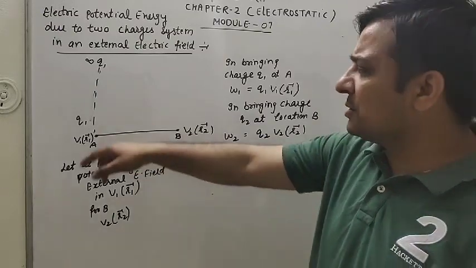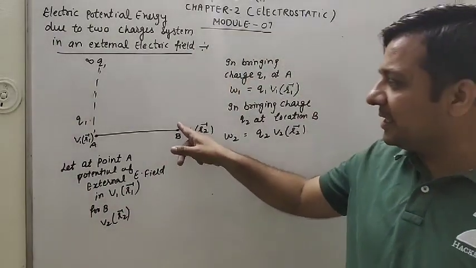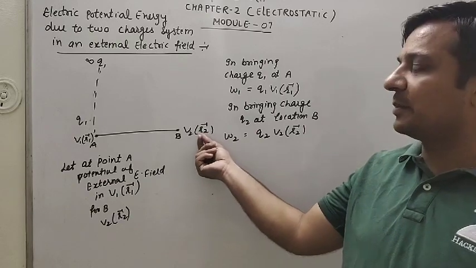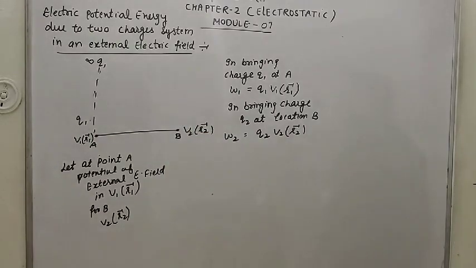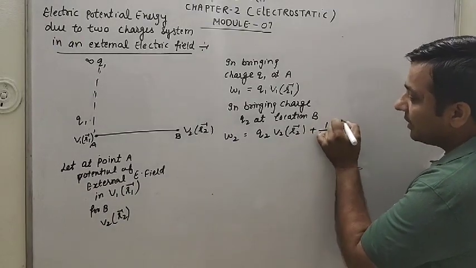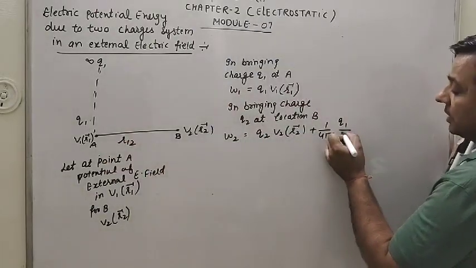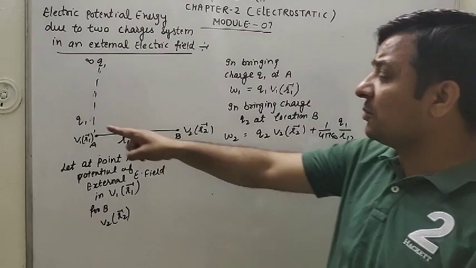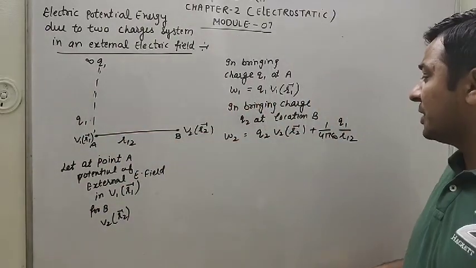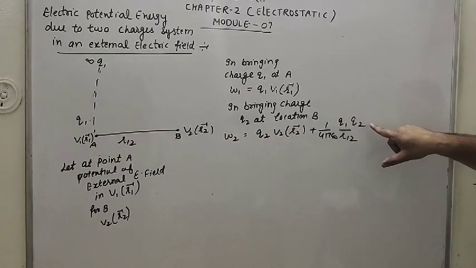Yes, because we have brought another charge q1, there is also a potential of q1. This is the external potential of the external electric field, but there is also the potential of q1, which is equal to 1 by 4 pi epsilon naught times q1 over the distance r12. We bring charge q2 into the potential of q1, so that is q2 times the potential.